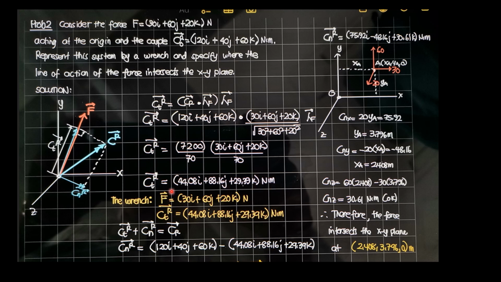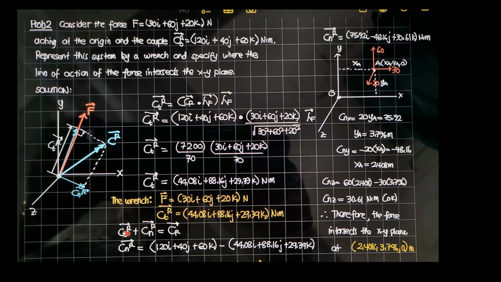So the wrench therefore consists of the resultant force, and this component of the resultant couple in the direction of the force, which is denoted by C_TR, and it is equal to 44.08i plus 88.16j plus 29.39k newton meters.